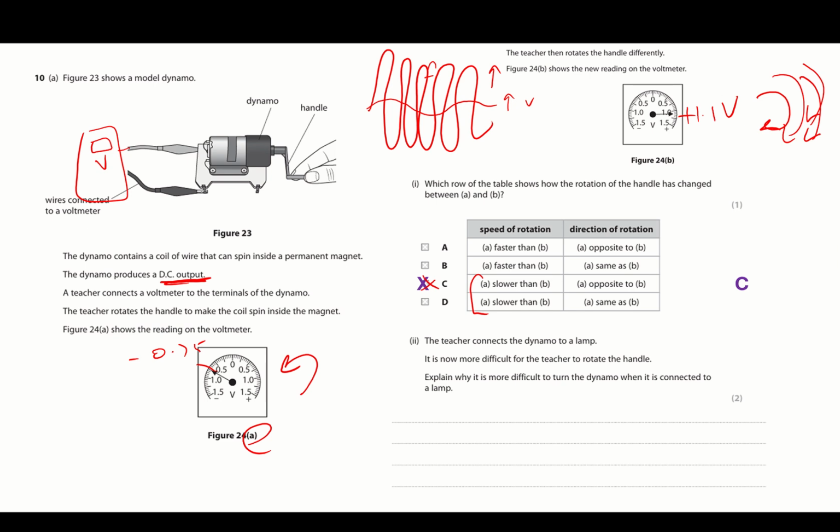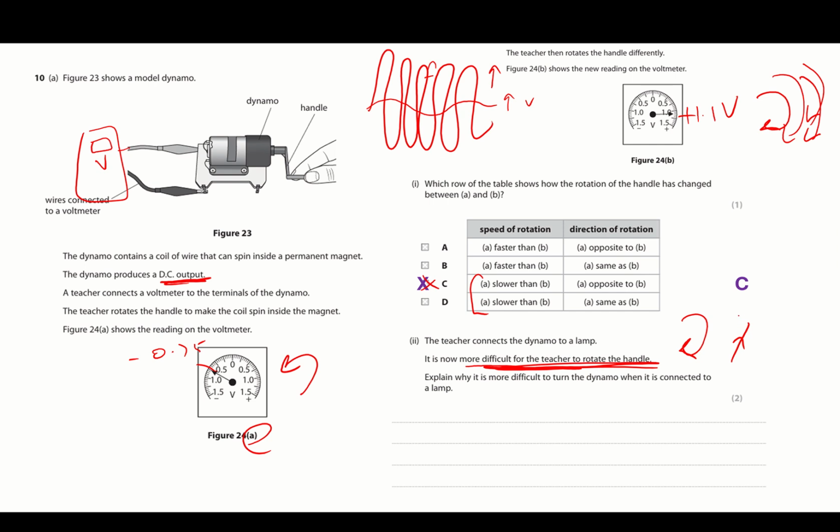The teacher connects the dynamo to the lamp. It is now more difficult for the teacher to rotate the handle. Okay, well, in there we've got some added resistance. I'm always going to answer it in terms of, if I spin a dynamo, I make a current, and that is going to be opposite. So you can imagine I'm making a current.